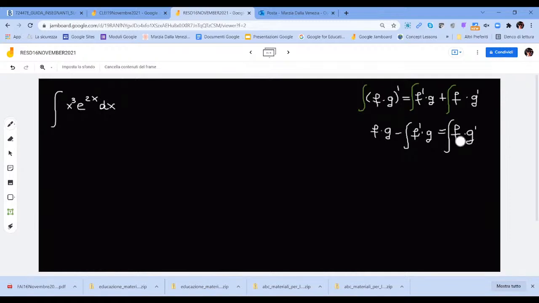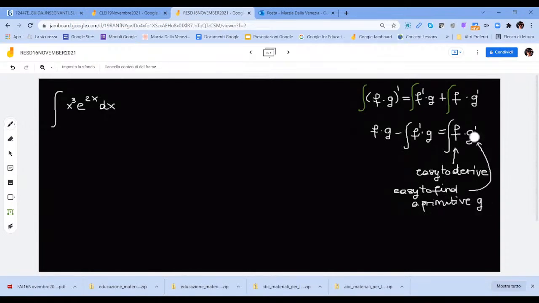That means you have some function that is easy to differentiate, so it is easy to find its derivative, and this should be the function where it is easy to find a primitive, right?